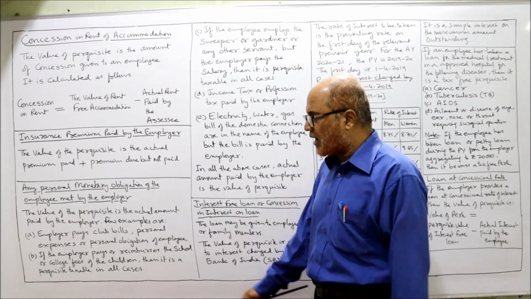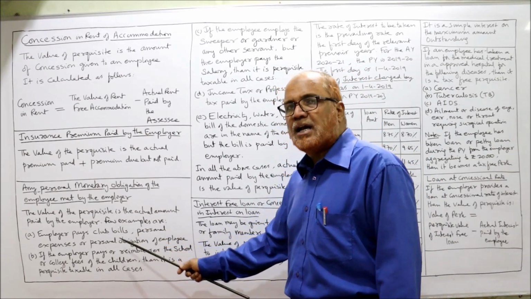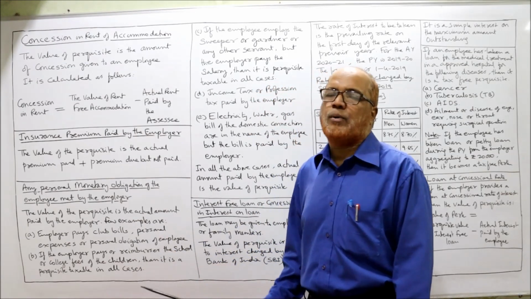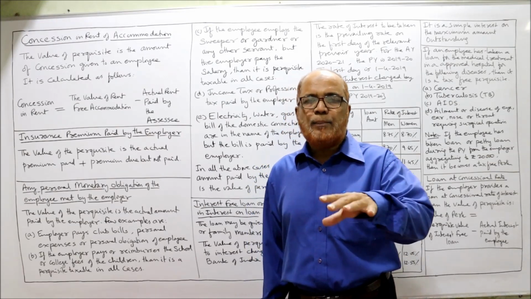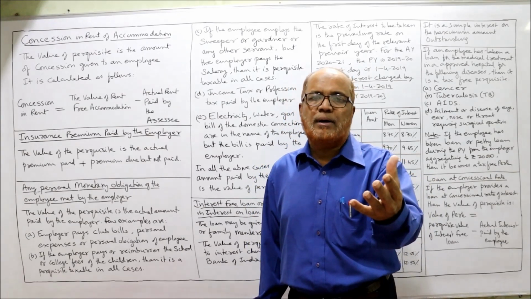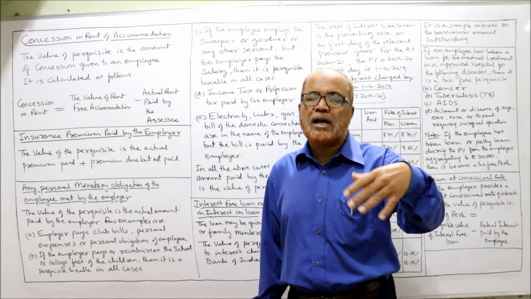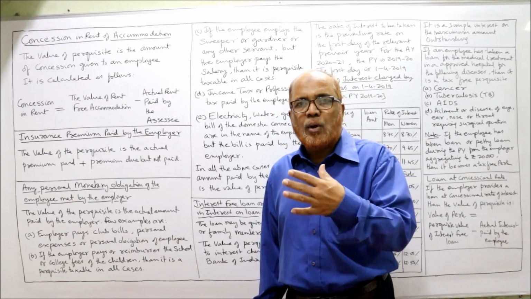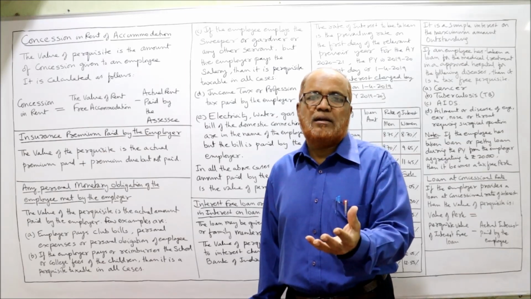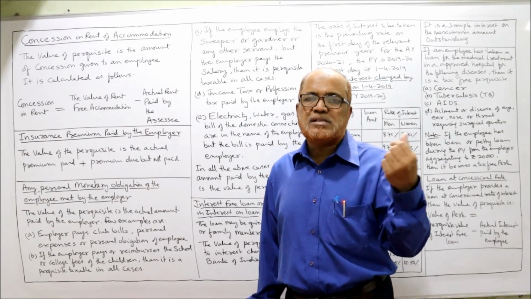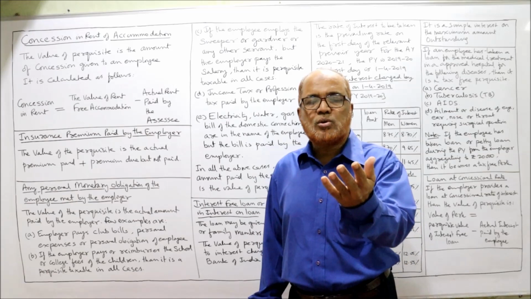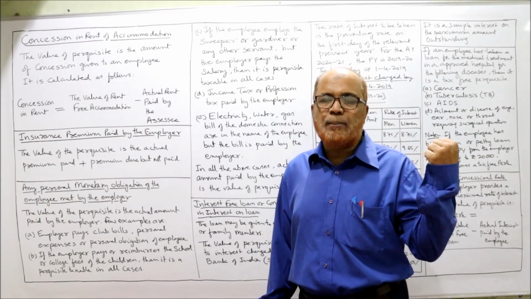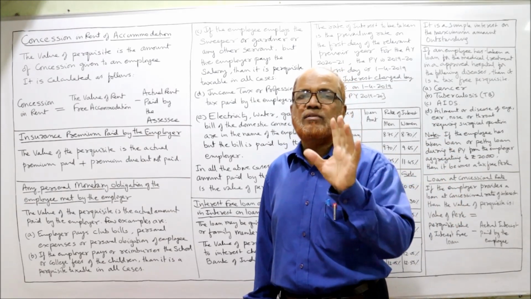A few examples: the employer pays club bills or other personal expenses or personal obligations of the employee. Club: the employee has become a member of the club, but the club fees are paid by the employer. Similarly, hotel: the employee has taken the benefit from the hotel, and the hotel bills are paid by the employer. That is called a personal obligation of the employee paid by the employer. Whatever the employer has paid, that is the value of the perquisite.